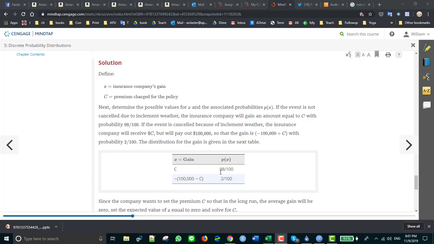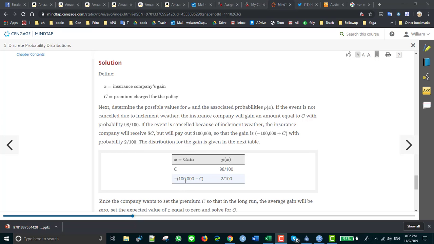There's only a small chance that they're going to actually have to pay out $100,000, but they're still going to receive some amount, we call that C, from the music producers who are buying the insurance.